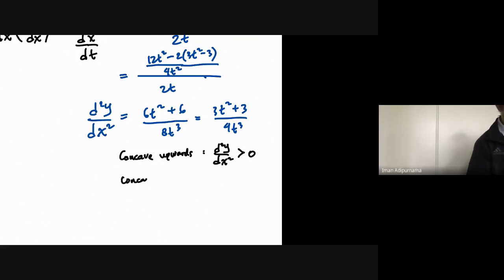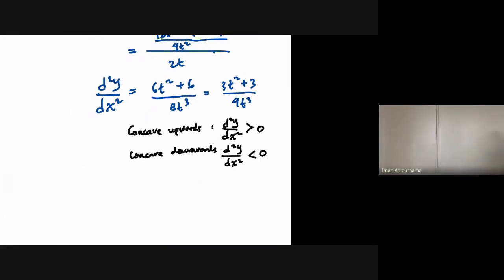And concave downwards if it is negative. Now, what can we do from here? Can you make some conclusion? When is the concavity upwards, and when is it downwards?